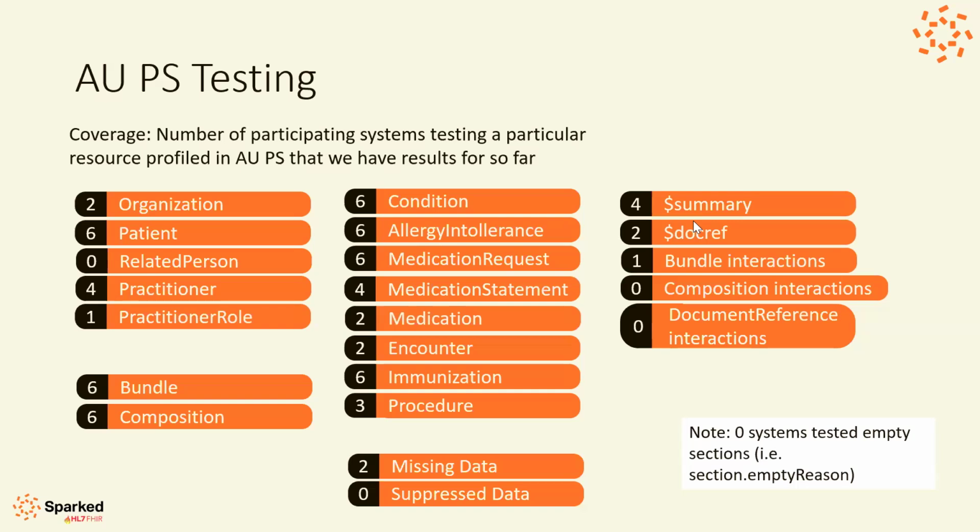So 4 different systems were making use of $summary, 2 were making use of $docref, and 1 was doing a bundle interaction. We were tracking composition interactions. I think that's a mistake looking through the notes. But no one was doing document reference interactions, so trying to retrieve or read or otherwise access patient summaries using the document reference resource type.